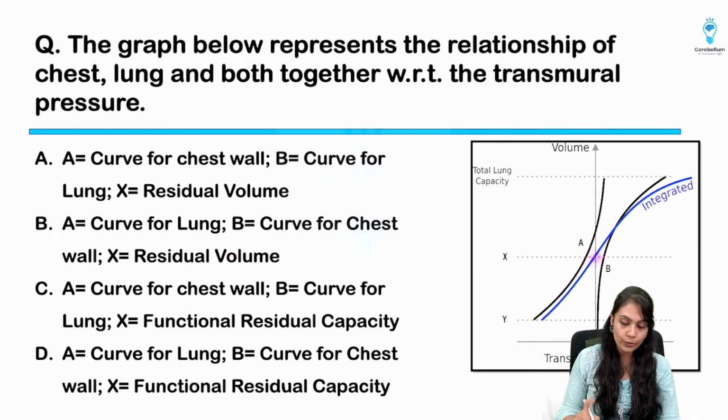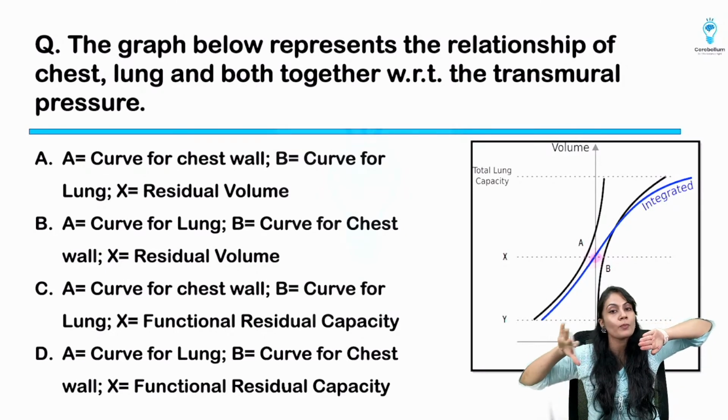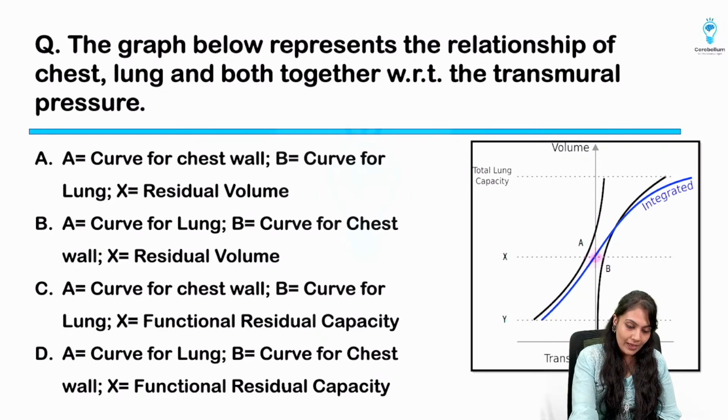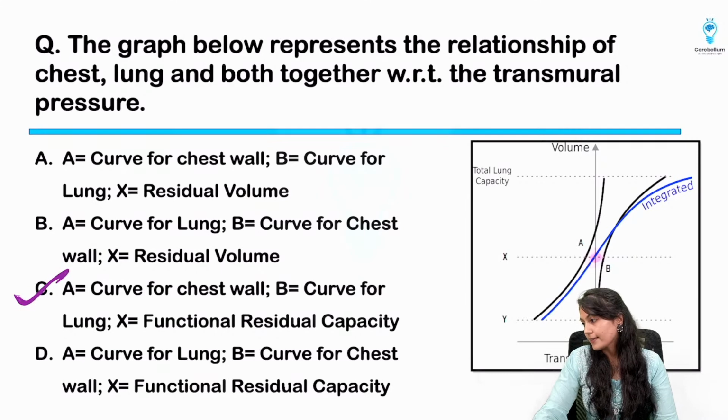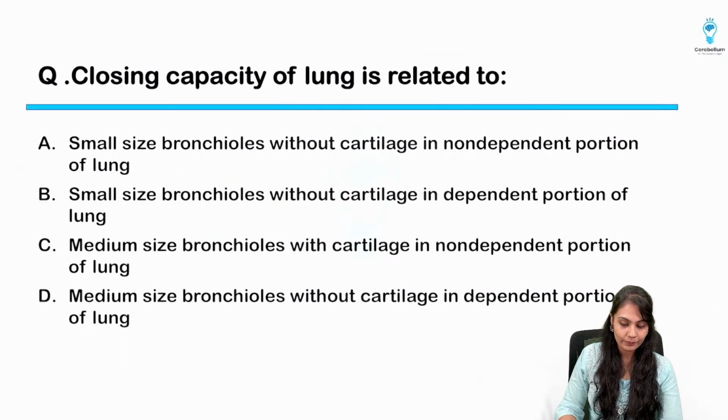I already told you that this is the functional residual capacity, where the transmural pressure of the lung and the transmural pressure of the chest wall are equal and opposite, and that's why this is the relaxing volume and relaxing pressure. A is the curve of chest wall, C comes first, then L will come, and that's why the answer over here is going to be option C. That is the correct answer that you are giving me, right? Roy, Shivanshu, Sahil, yes, you are rocking.